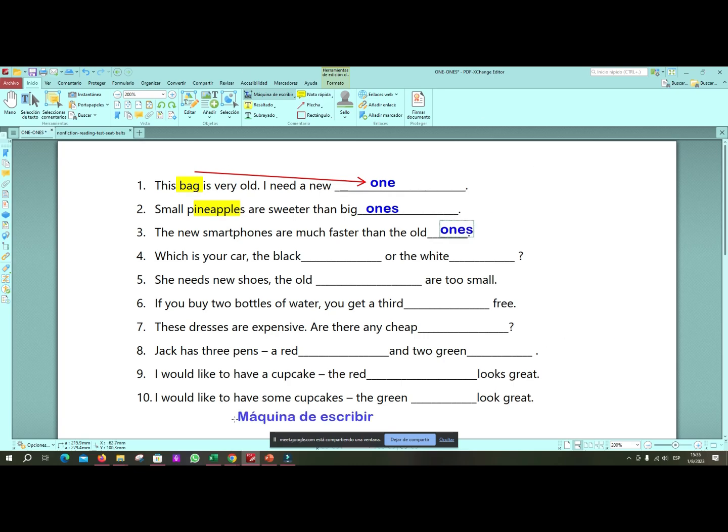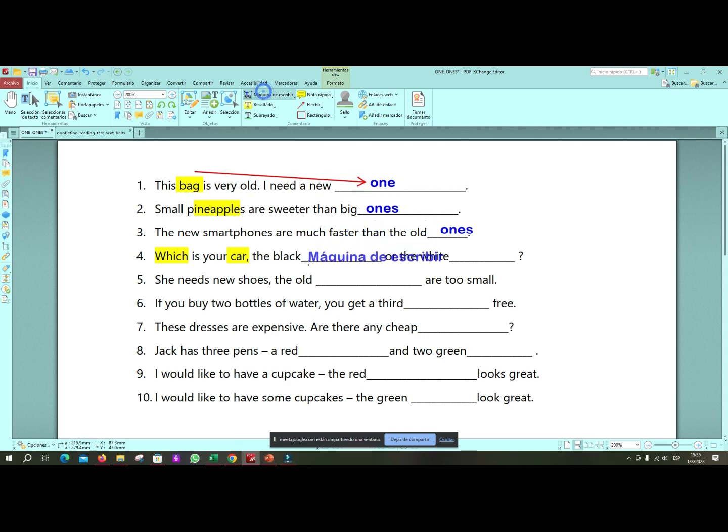Excellent. Perfect. Number 4. Which is your car? The black or the white? What about this one? And if you're talking about what? Car.